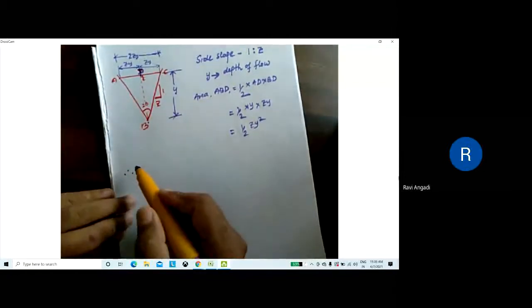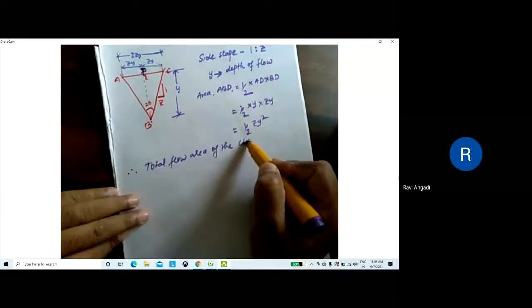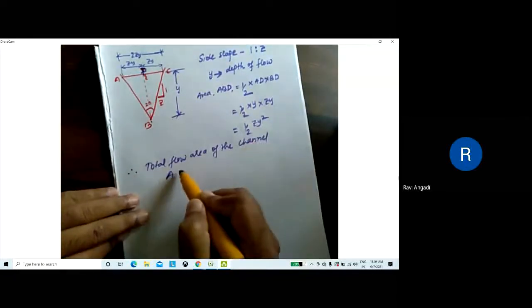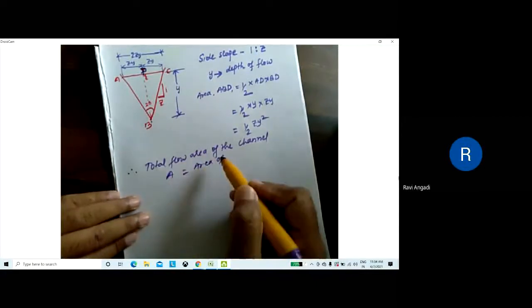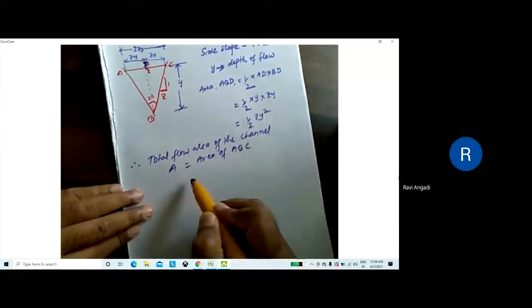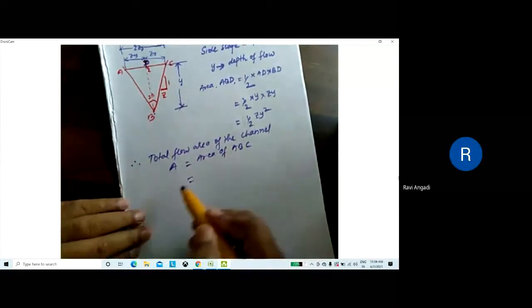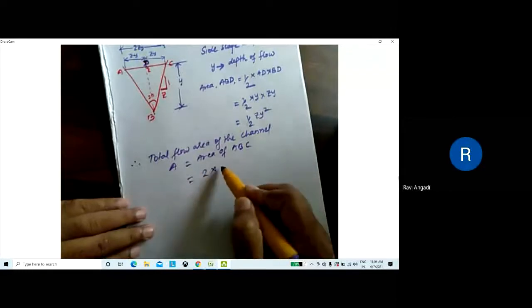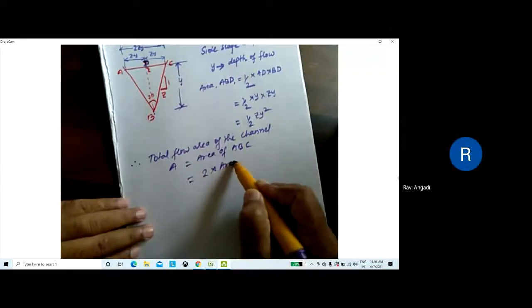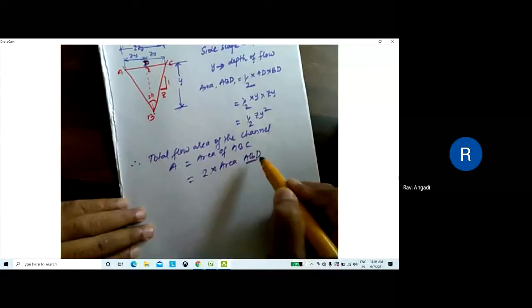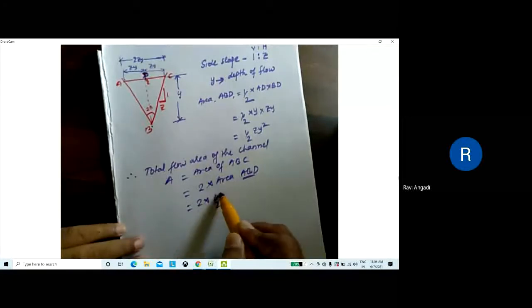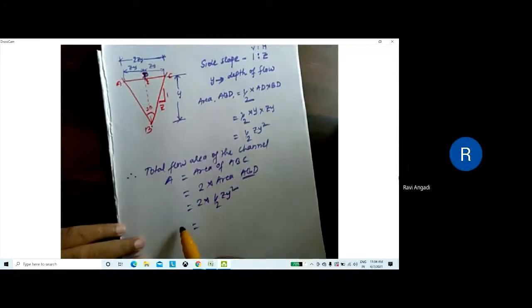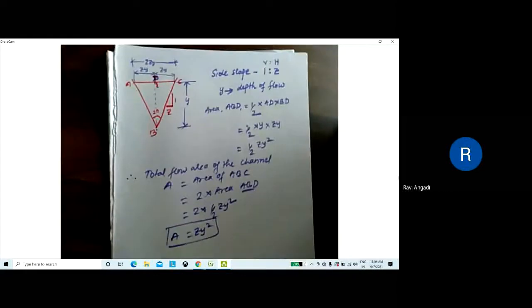Therefore, the total flow area of the channel, A, is equal to 2 times the area ABD, that is 2 into half ZY square. What answer do you get? Is it correct? I hope you all are taking this down.